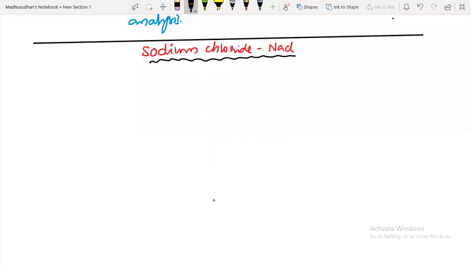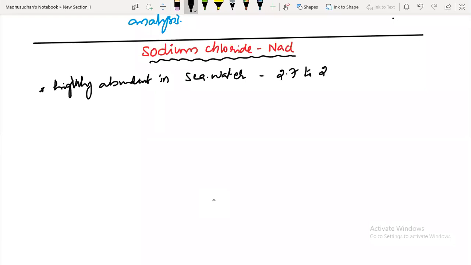Sodium chloride is highly abundant in seawater, nearly 2.7 to 2.9% by mass.